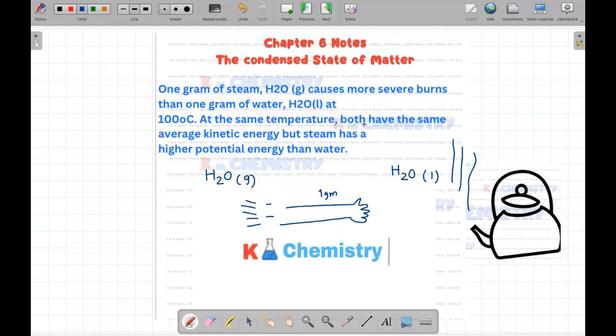At the same temperature, both of them have the same average kinetic energy, but the potential energy, as we explained, in the gaseous substance is much more than the potential energy of the water. So the energy is too much in the gaseous water, the steam, that is going to burn your hand, because the particles are hitting your hand much more than the plain hot water.